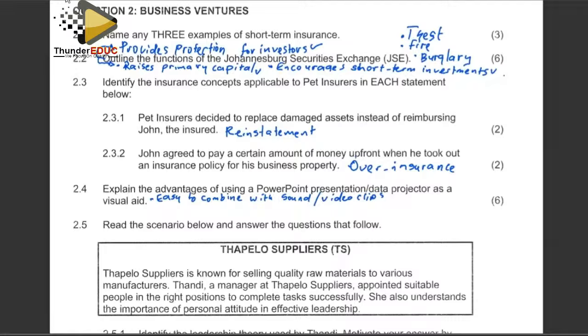So now also we are saying that it is simple, plus that slides may capture the interest of the audience.